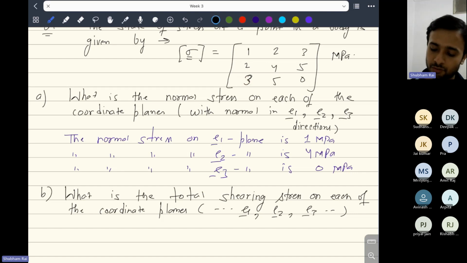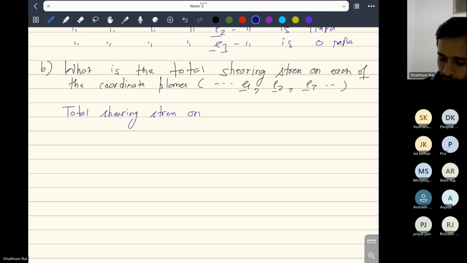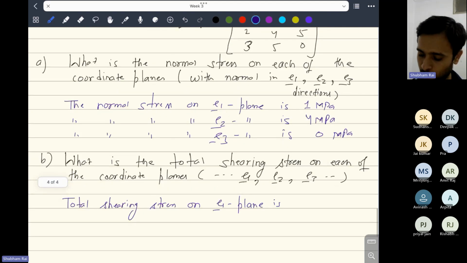So that will be square root of 2 square plus 3 square. So we can say that total shearing stress on E1 plane is, 2 square plus 3 square, because these are the shear components.